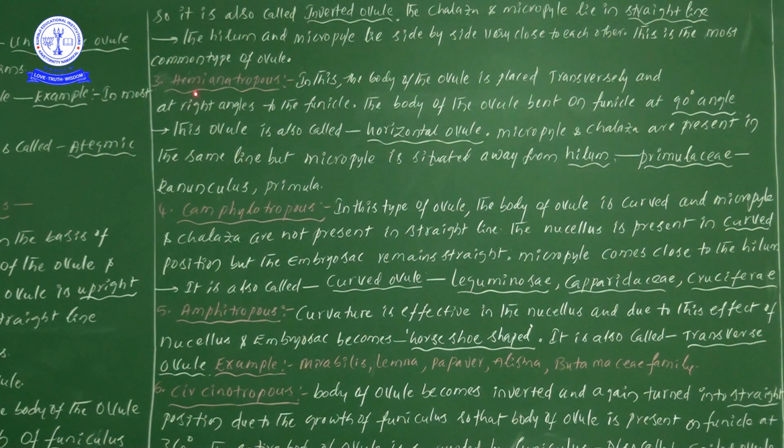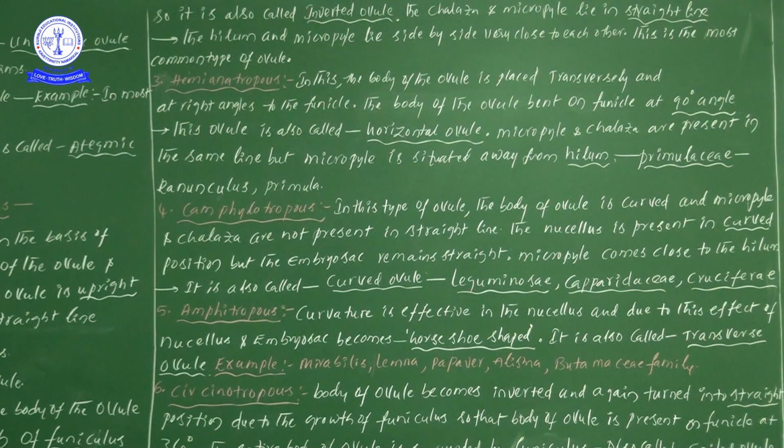Next, the third one, Hemianatropous. In Hemianatropous, the body of the ovule is placed transversely and at right angles to the funicle. If you take one line as the funicle, the entire ovule will be situated on it.